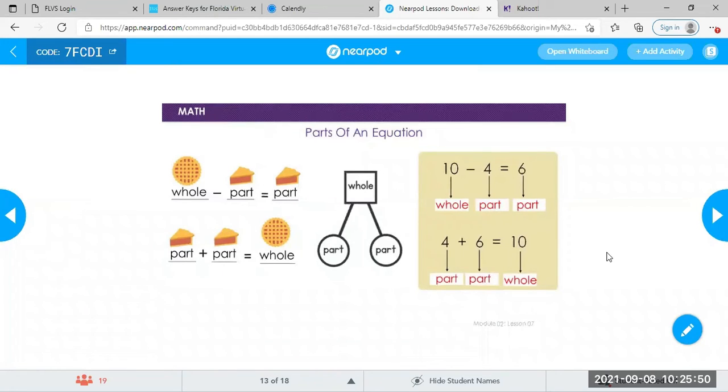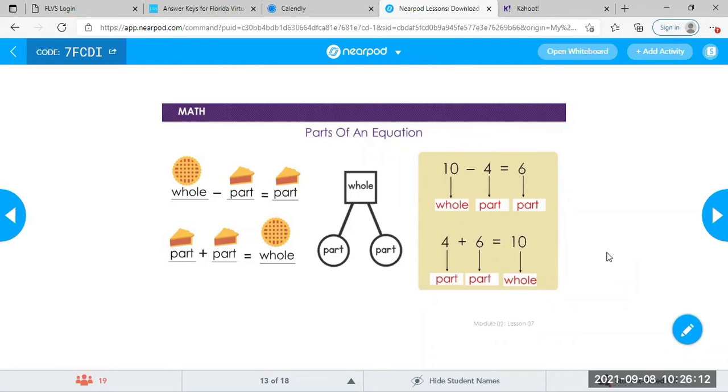Why are we learning number bonds? Dun, dun, dun. There's a reason. I heard 2 of my students in their lesson, their work that they submitted, talk about how they could solve for unknown parts.